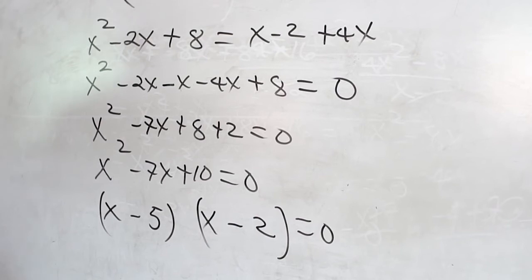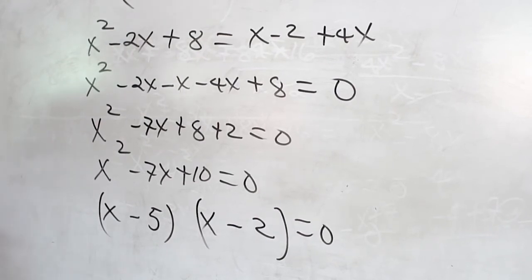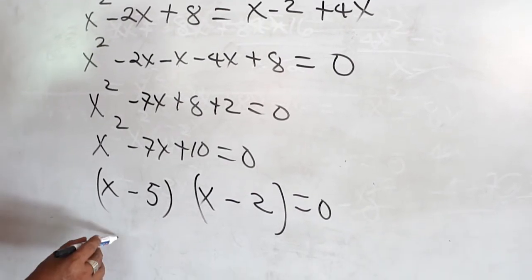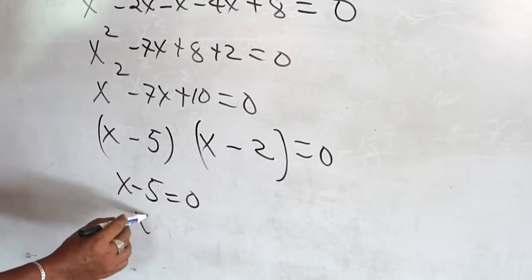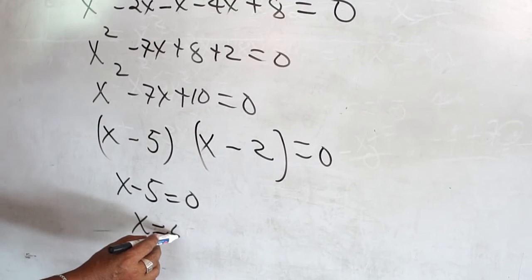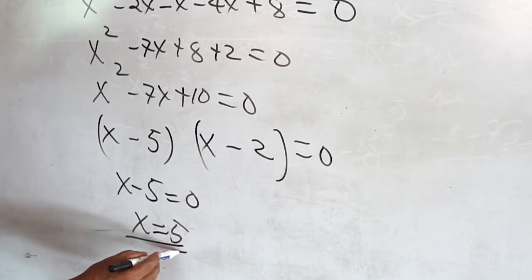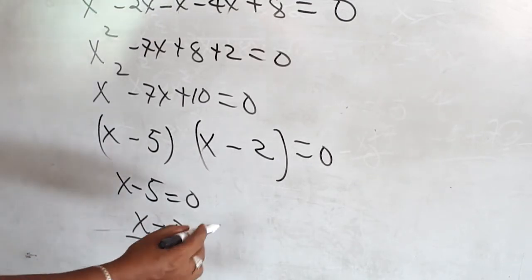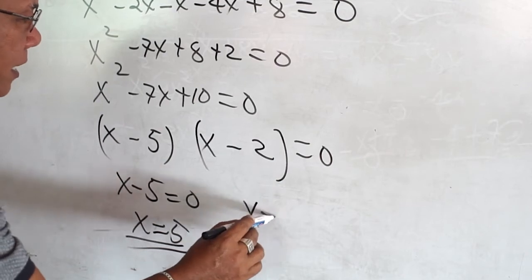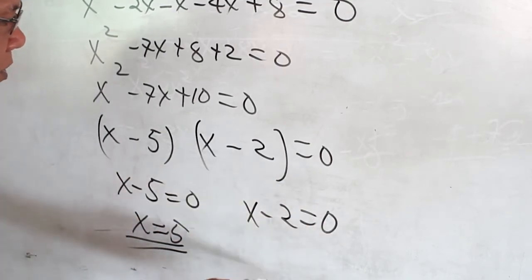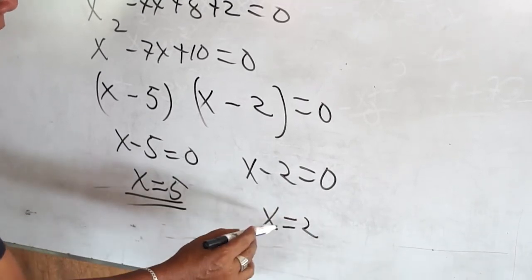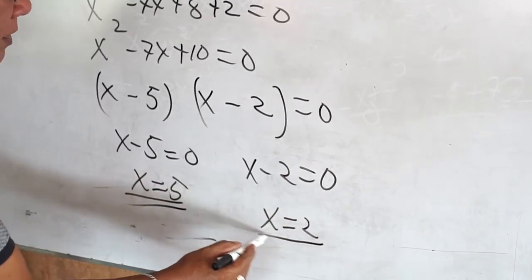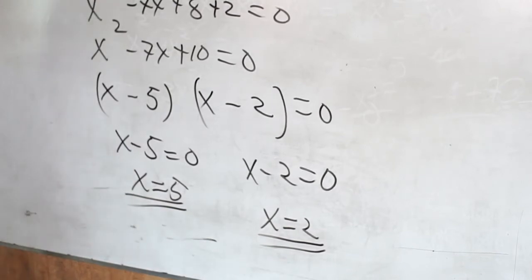Then equate the resulting factors to 0. So x minus 5 equals 0, then x is equal to positive 5. This is the first element. The second element: x minus 2 is equal to 0, so x is equal to 2. This is now the second element.